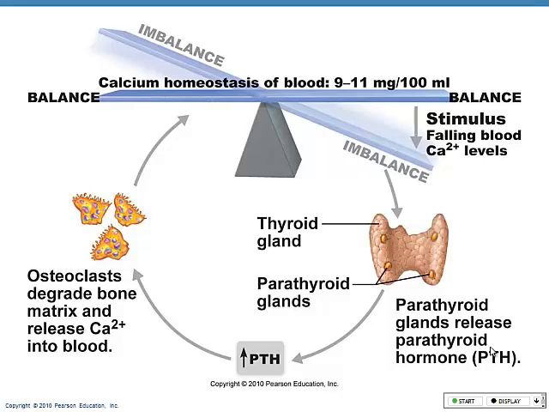What's happening here? We have to maintain a certain level of what? So the homeostasis we're talking about in this case, in this feedback mechanism, is what? Calcium. What's the norm? That's at the top. That's the balanced seesaw. 9 to 11 milligrams per 100 milliliters.